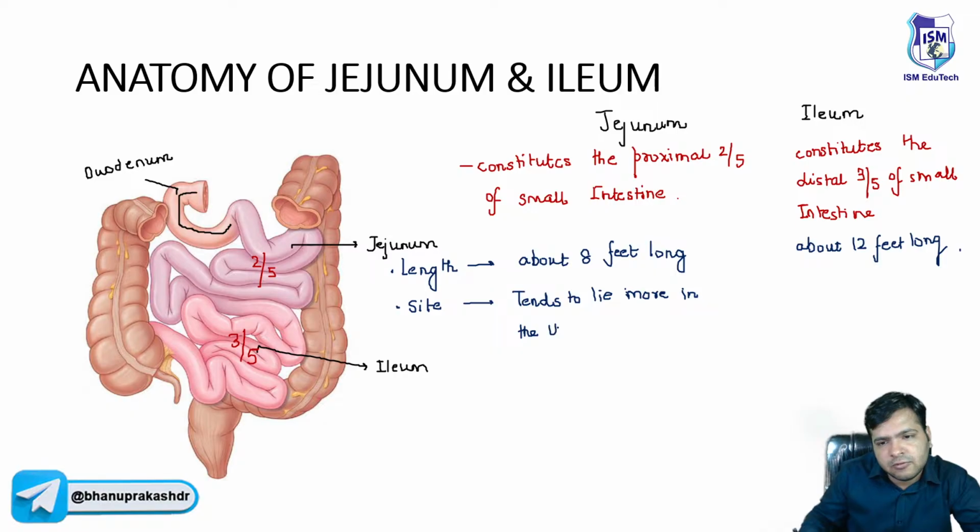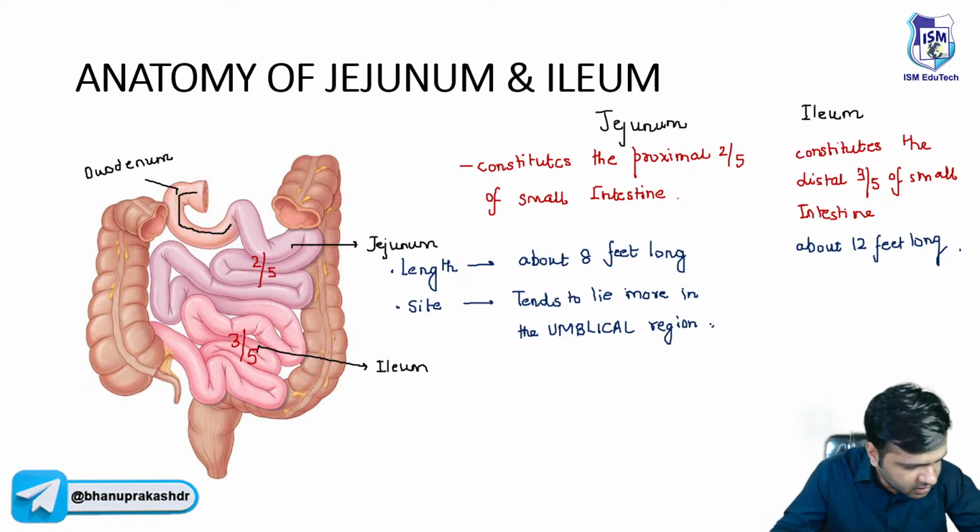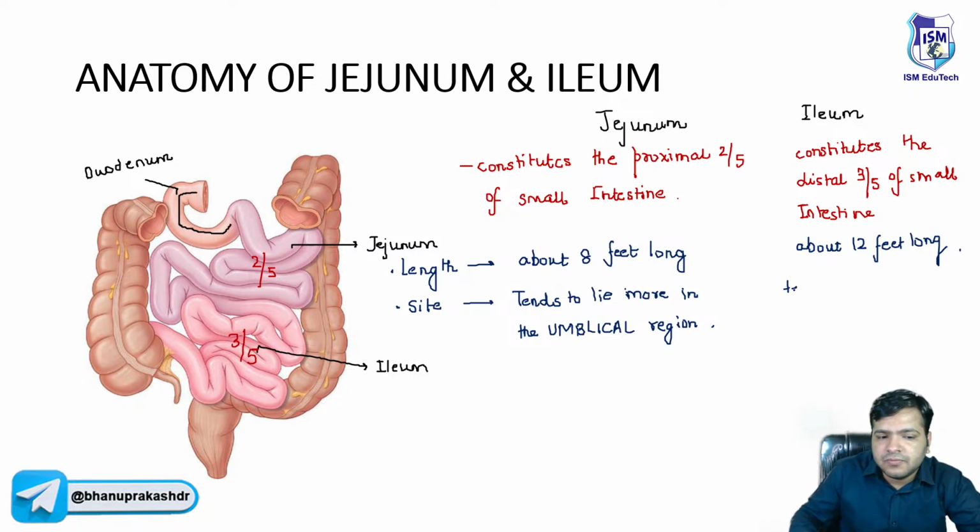Whereas the ileum, beta, tends to lie more in the hypogastrium.